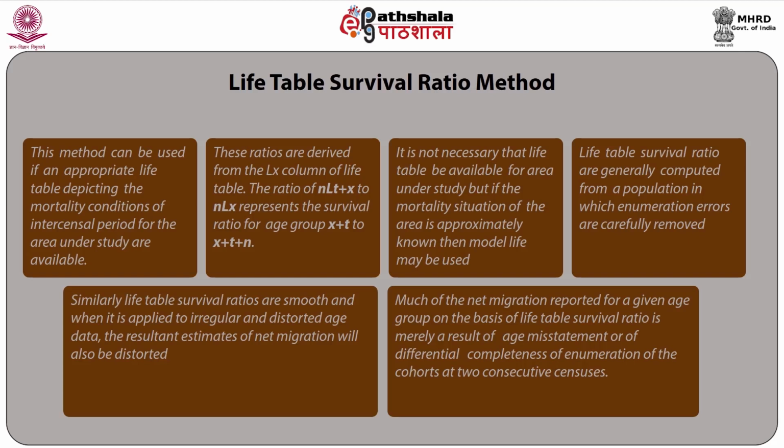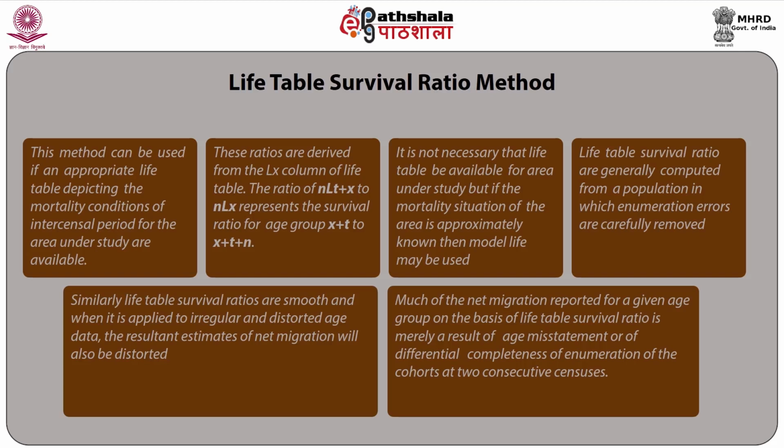It is not necessary that life tables will be available for the area under study, but if the mortality situation of the area is approximately known, then model life tables may be used. For example, Coale and Demeny regional model life tables and stable populations can be used.